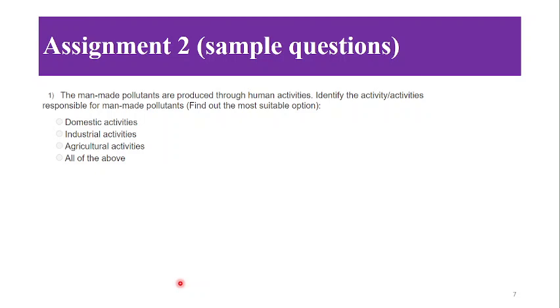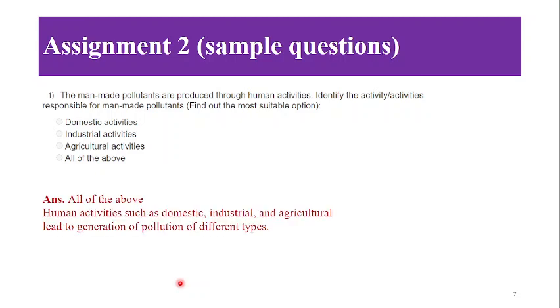Industrial activities generate waste like flue gas stack and other chemicals, and agricultural waste can be fertilizer runoff or organic waste. So yes, all of the above options are correct here.